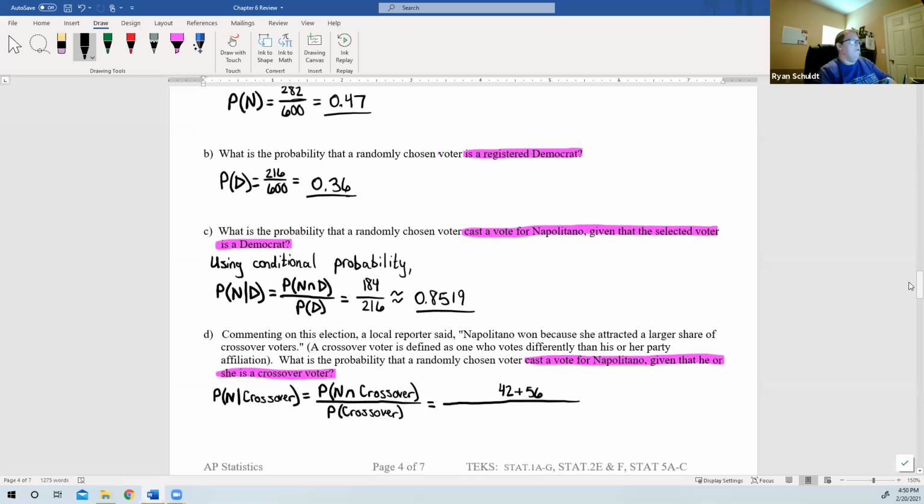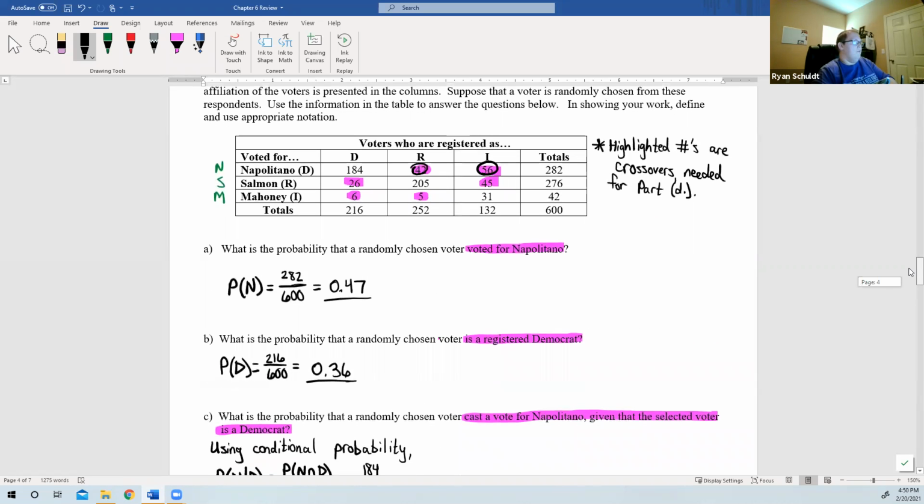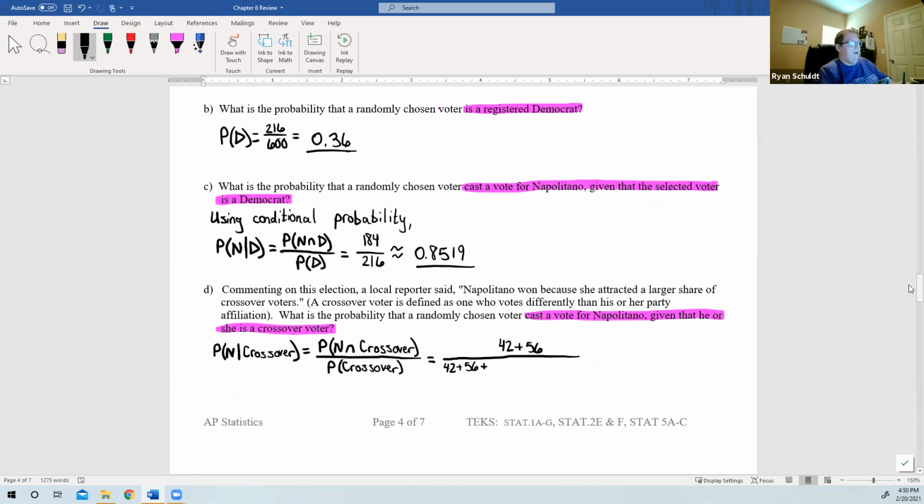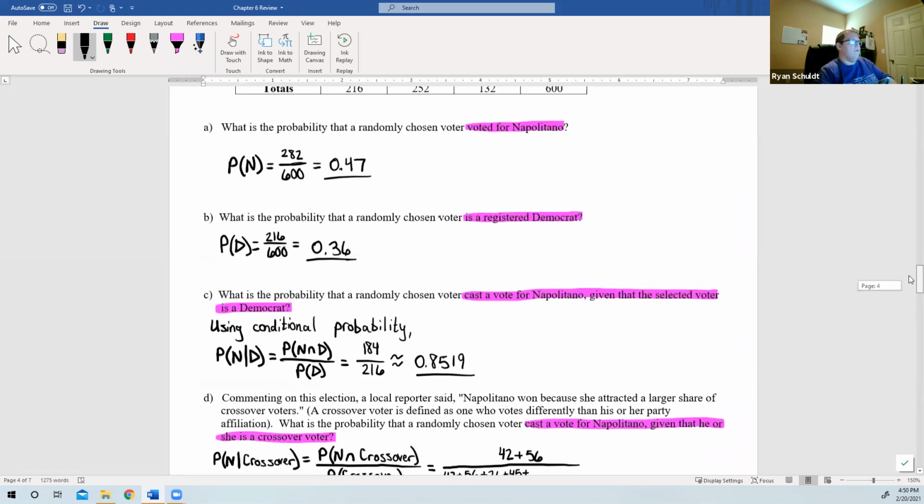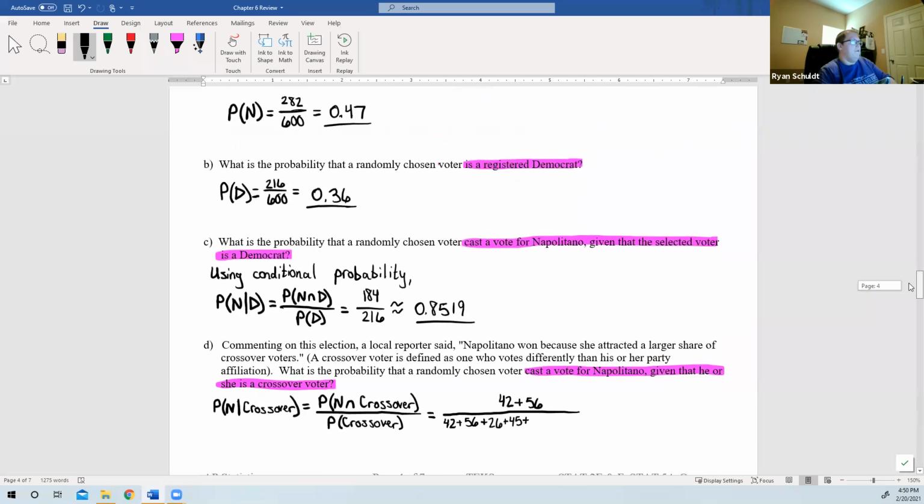So 42 plus 56 plus 26 plus 45 plus 6 plus 5.